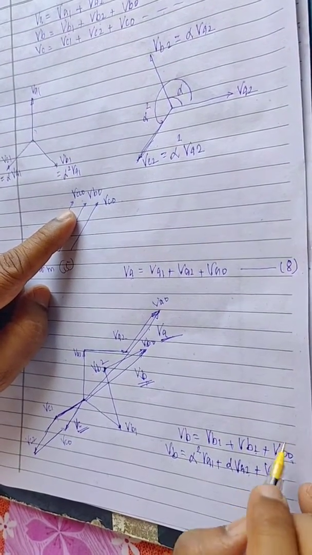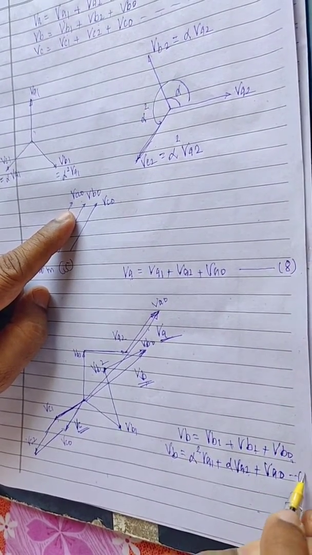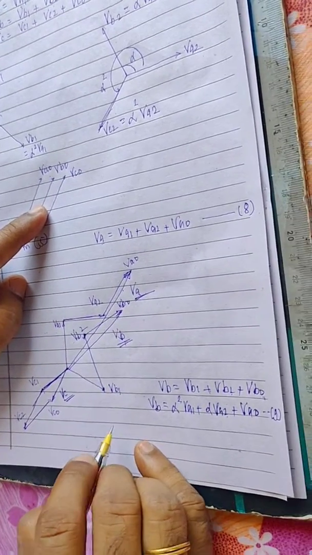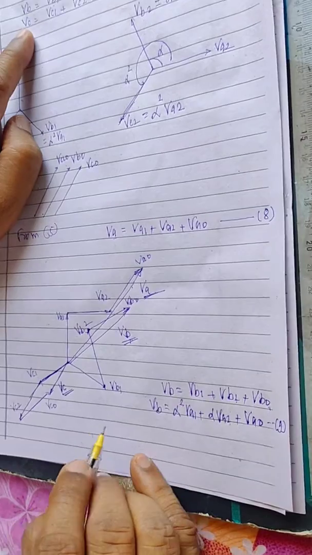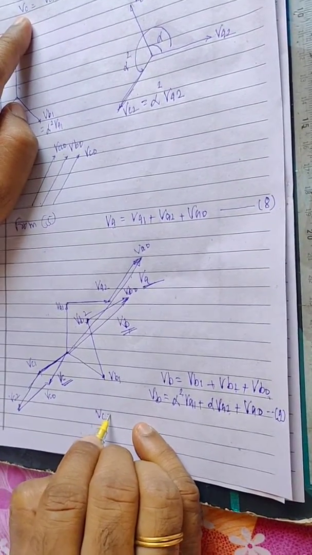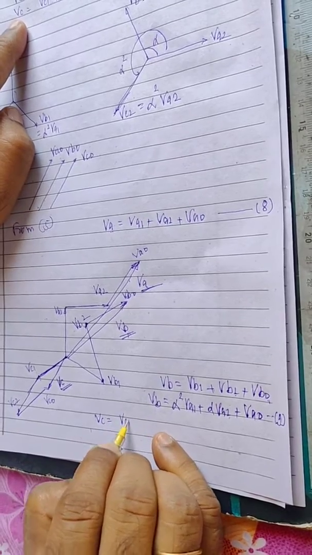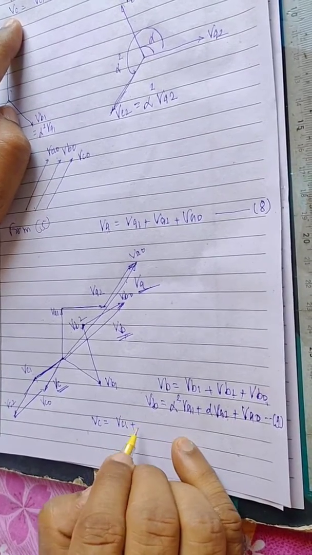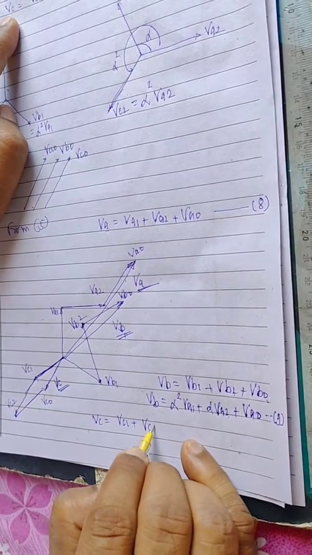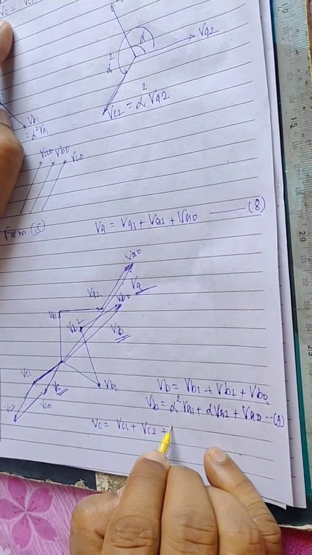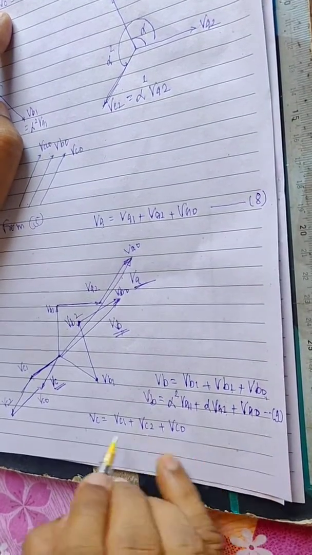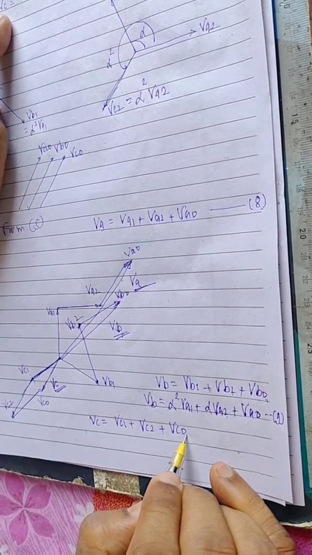So this is equation 9. Similarly for voltage VC, from equation 7, VC is VC1 plus VC2 plus VC0.